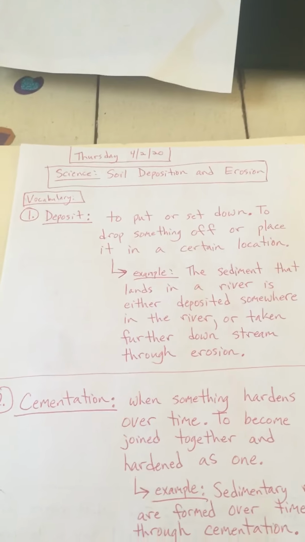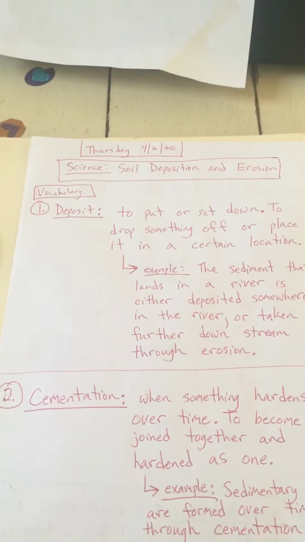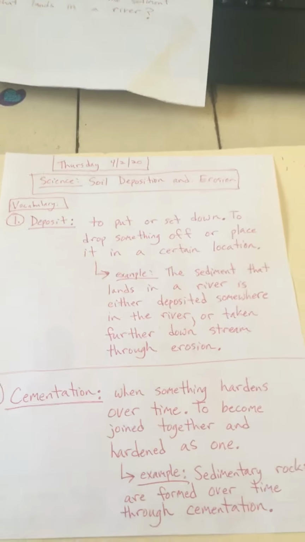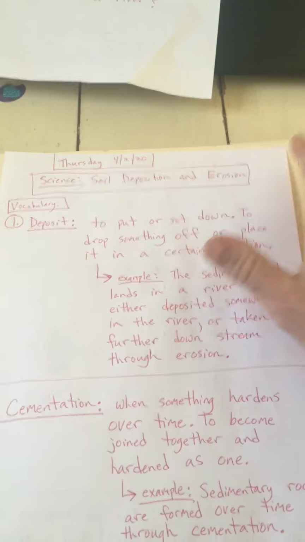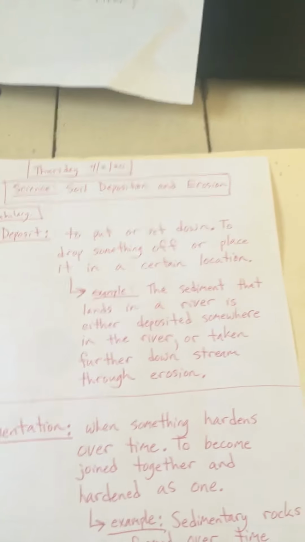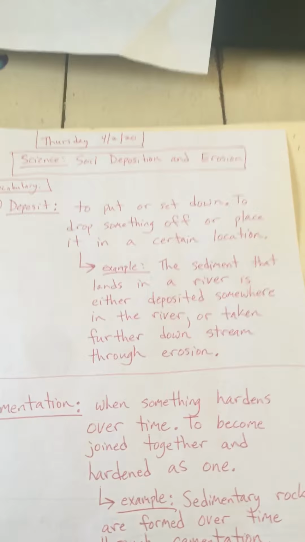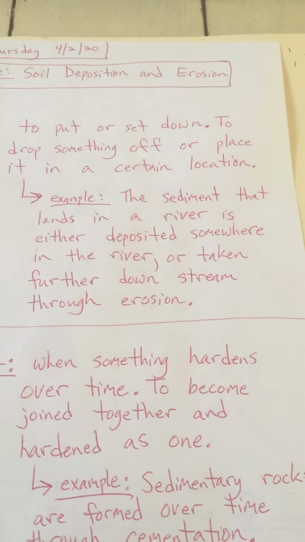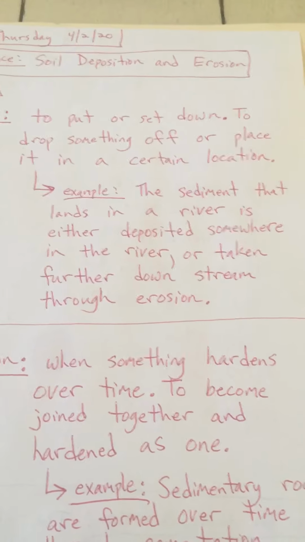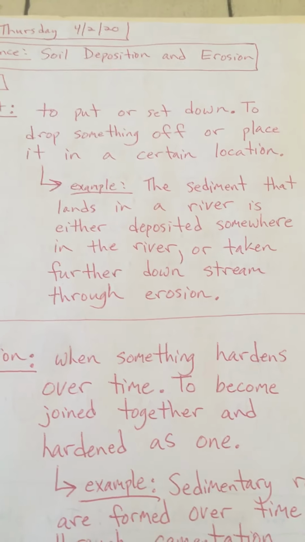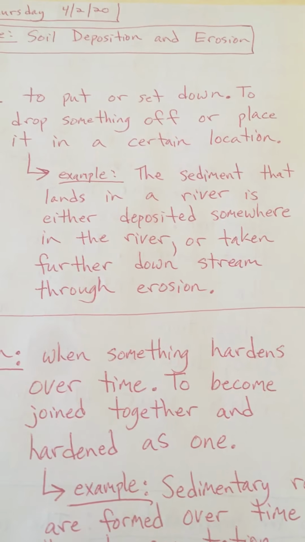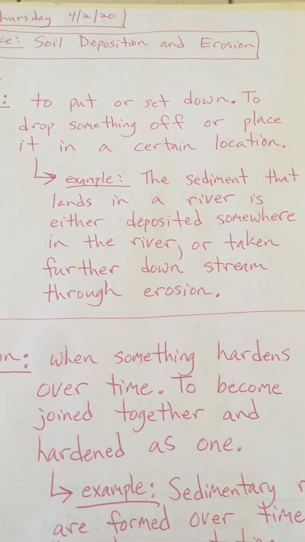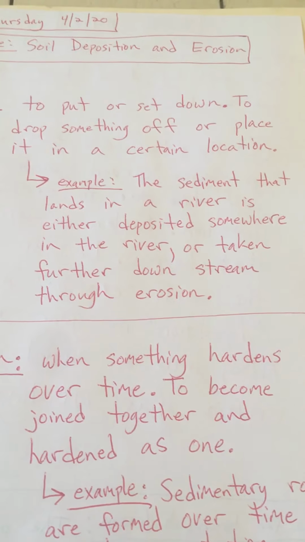Okay, so most of us use the word deposit when we're talking about money at a bank, right? You go to the bank and you deposit money. You put the money into the bank. You basically put it in that location, okay? So here's an example. The sediment that lands in a river is either deposited somewhere in the river, watch the video from yesterday and you'll see what that means, or that sediment is taken further downstream through erosion, okay?